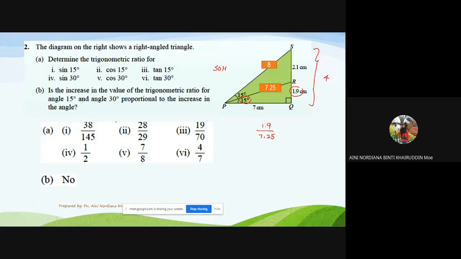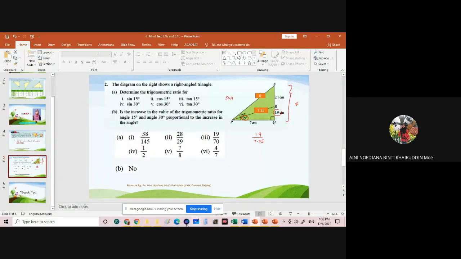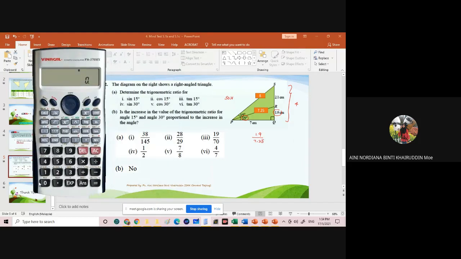Then you use your calculator. I'll show you. So here 1.9 over, or divide, 7.25.